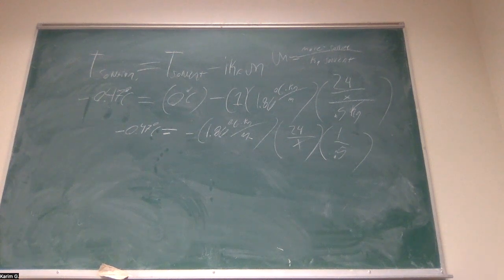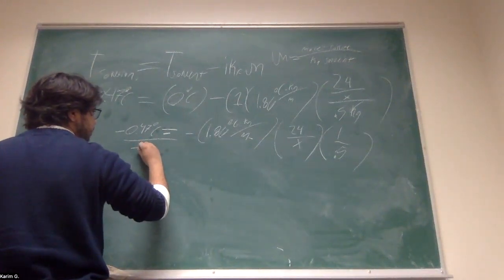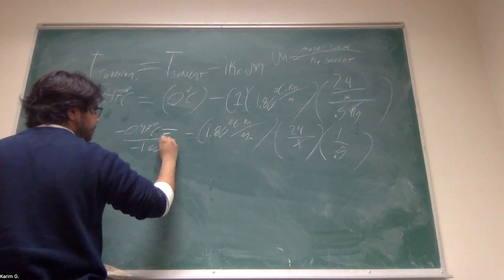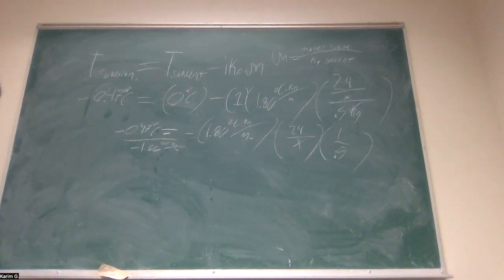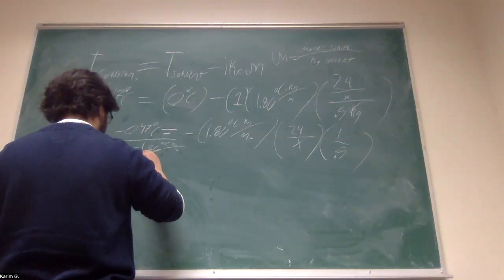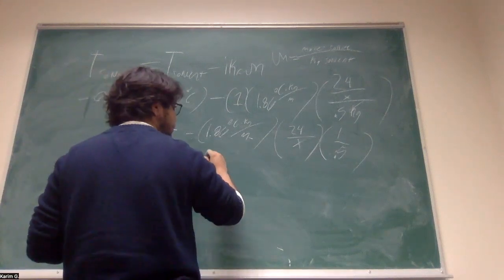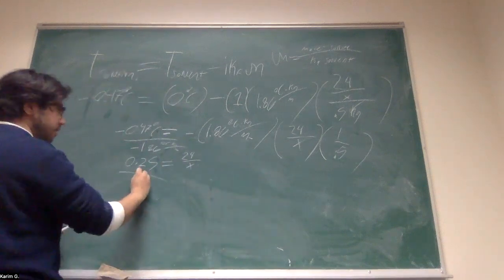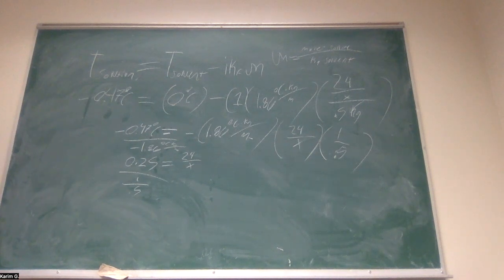So then we divide just to get rid of it. So then it's 0.47 negative divided by 0.6 negative. So here I get 0.25. Going to be 24x. I'm going to divide here by 1 over 0.5. 1 over 0.5 is 2. So 0.25 divided by 2.